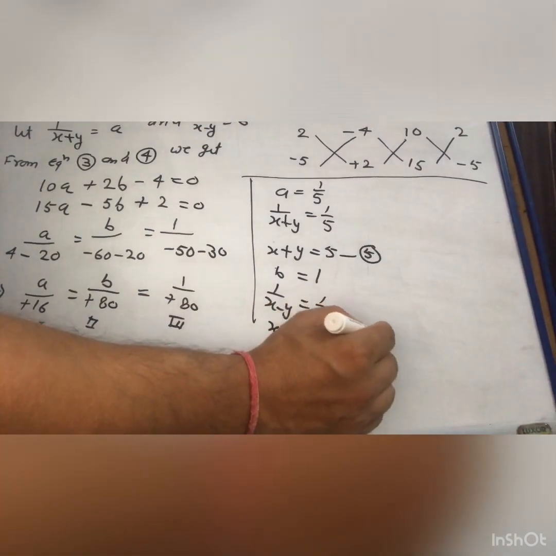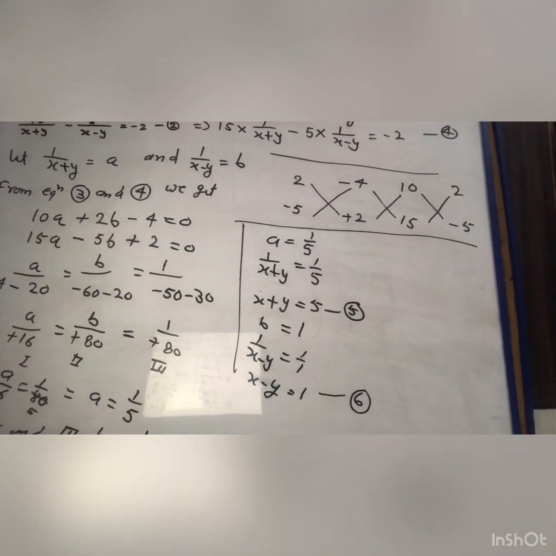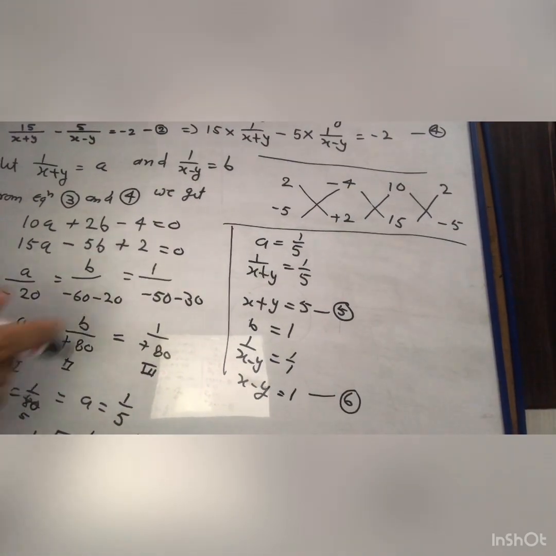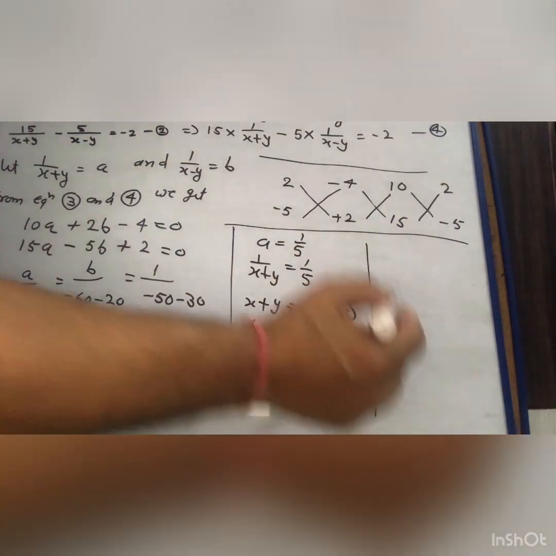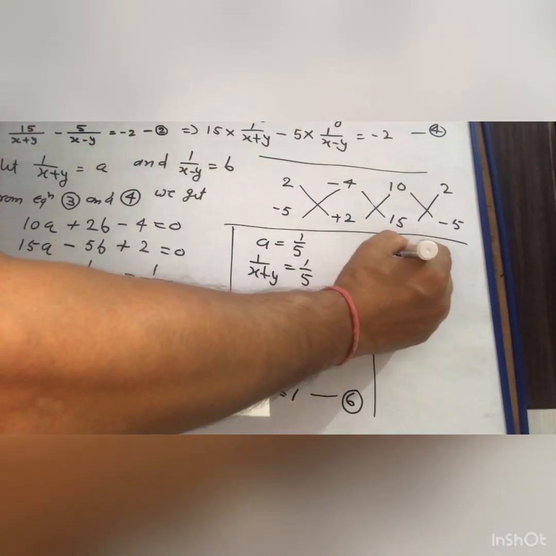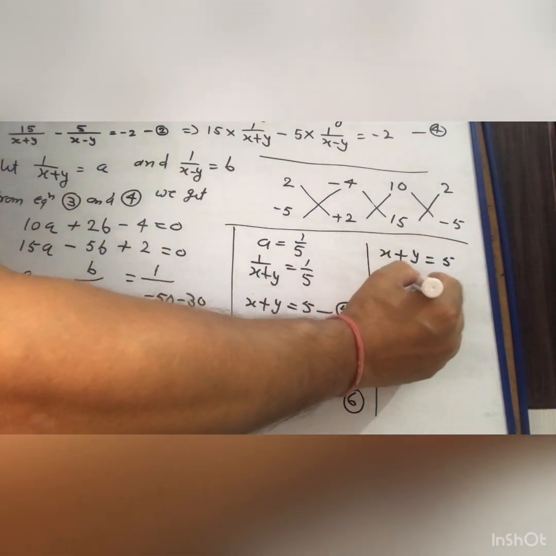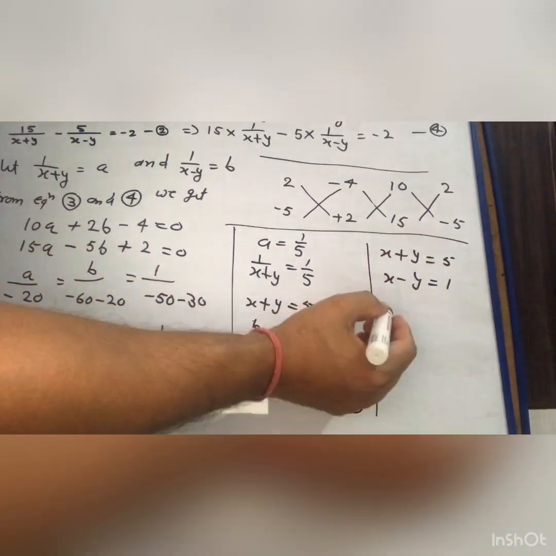This is equation number 6. Now we will solve these equations simultaneously. Again, what you get is x plus y equal to 5 and x minus y equal to 1.